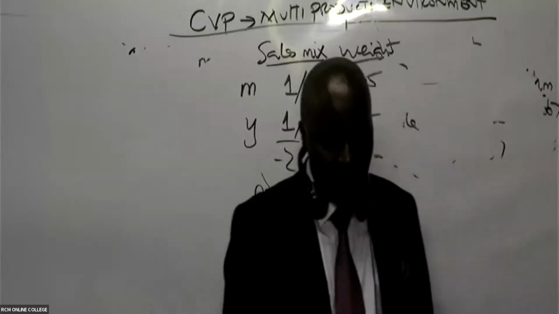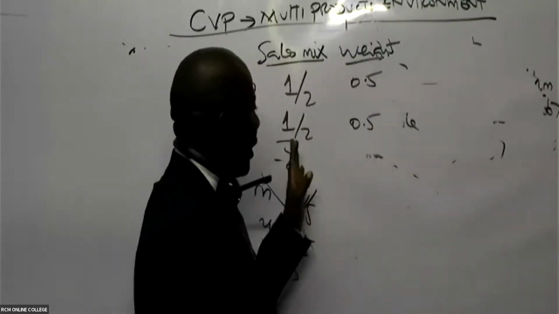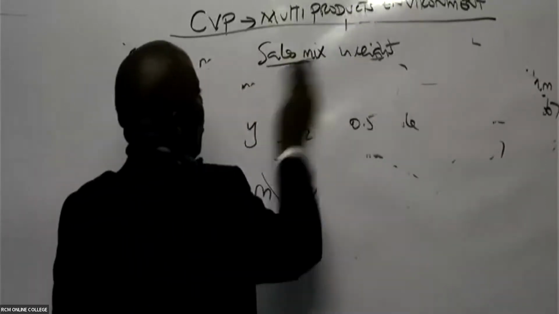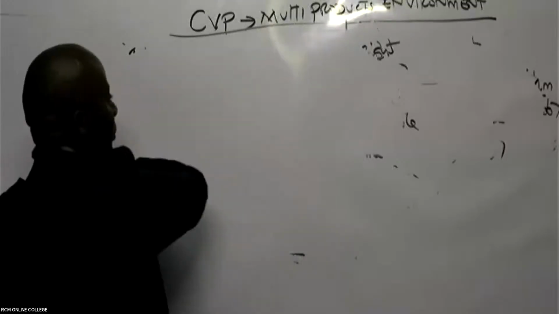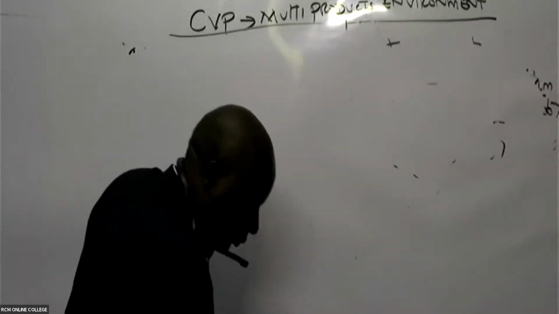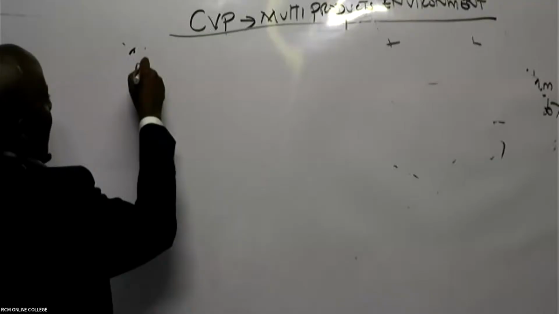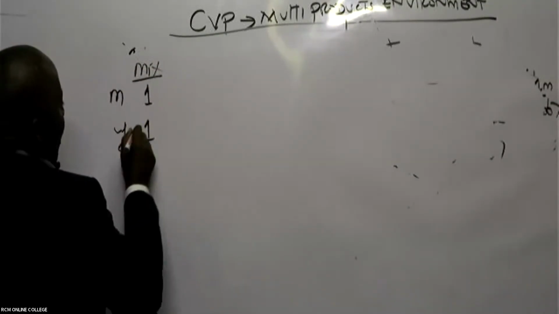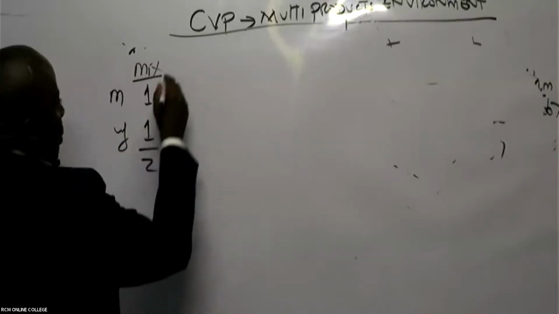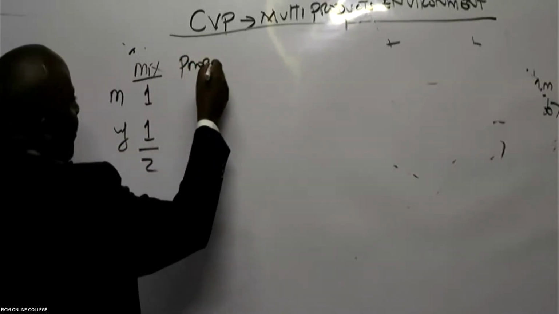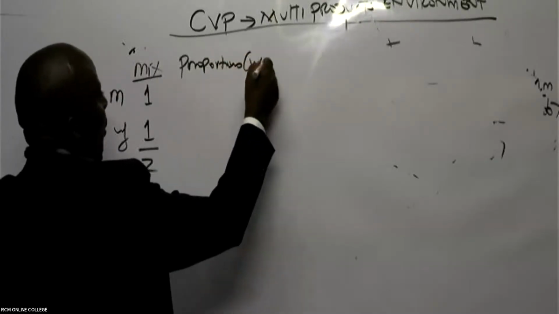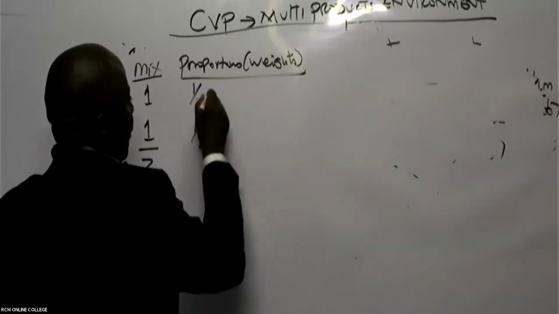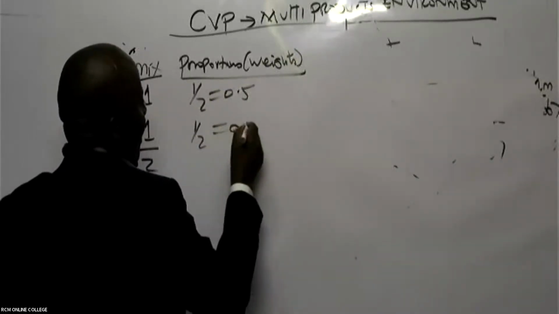The most important thing is that if it is 1:1, the mix is 1:1 for M and Y, giving me 2. So the proportions, which basically will be our weights, will be a half and a half. So this is 0.5, this is 0.5.